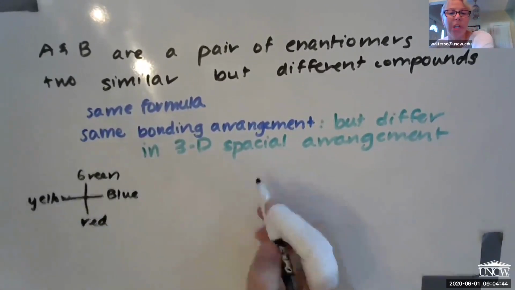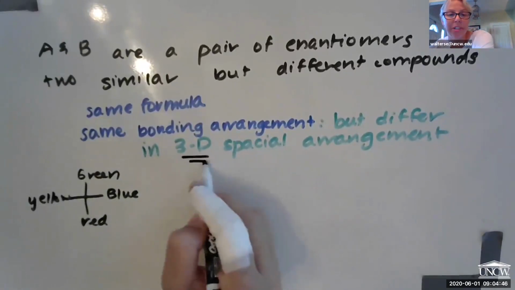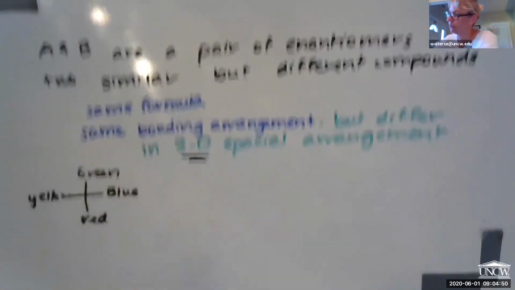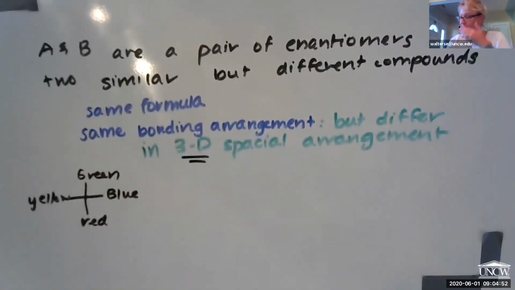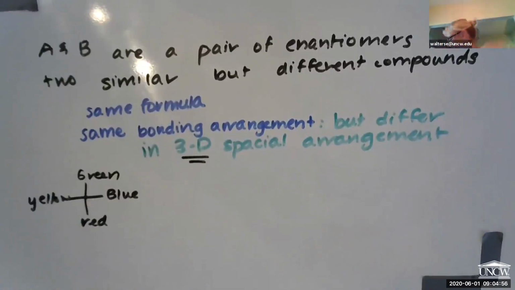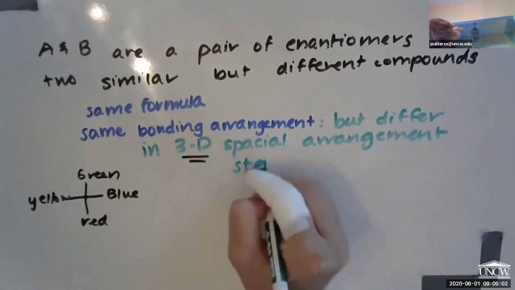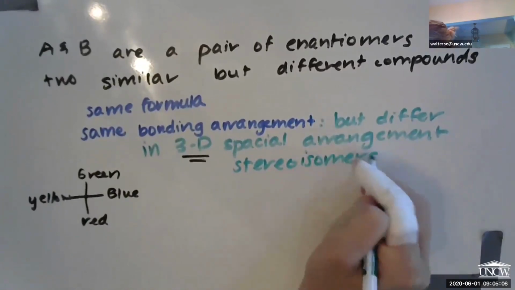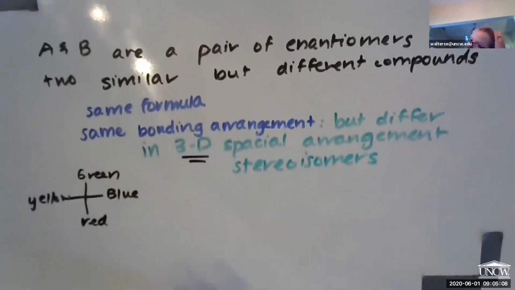But it's only when you take it into the 3 dimensions that you're going to end up with a pair of enantiomers. When you have compounds that are related in that way, they're called stereoisomers. So they're not constitutional isomers, they're stereoisomers.